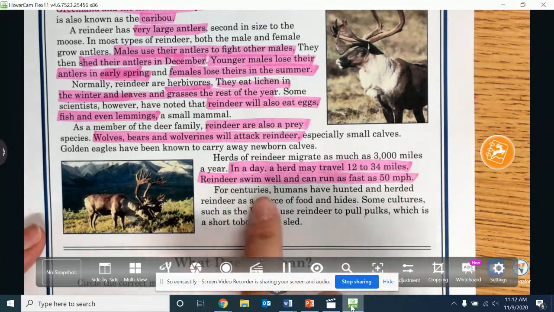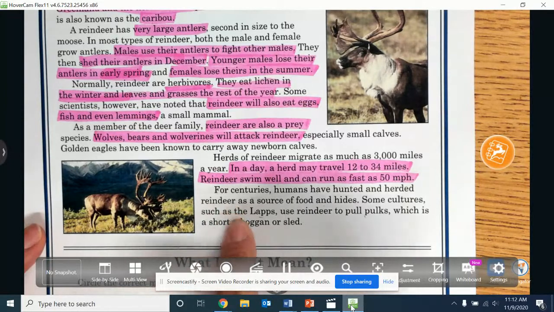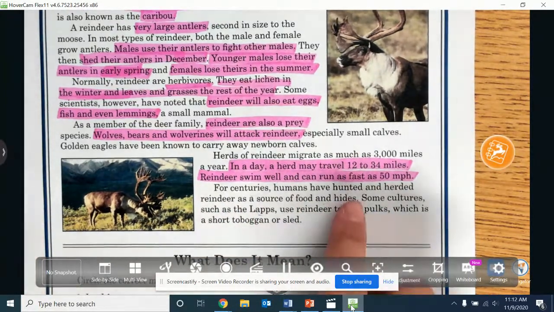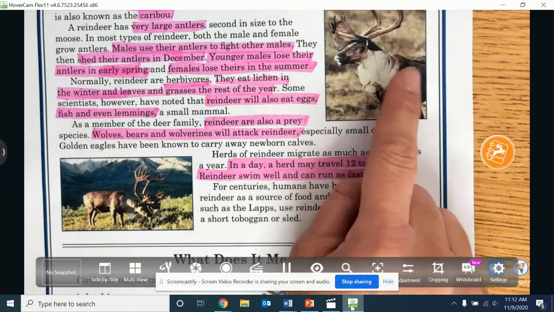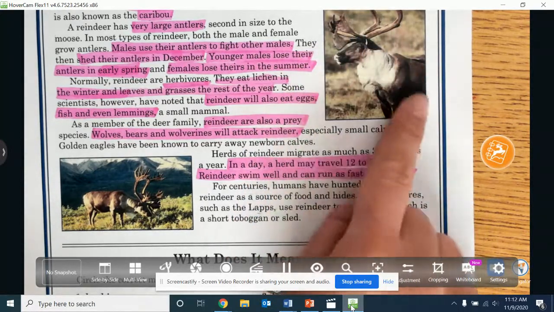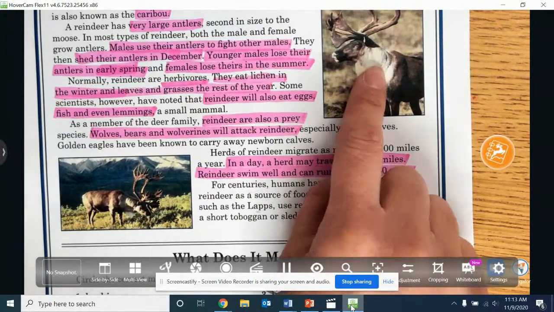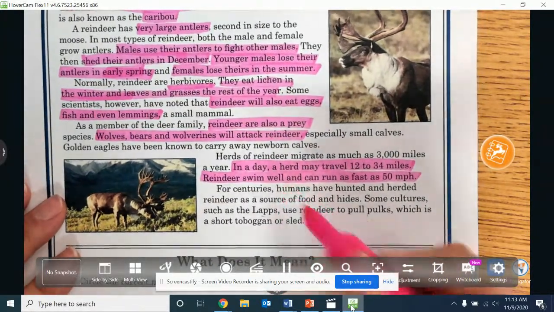For centuries, humans have hunted and herded reindeer as a source of food and hides. In other words, some people grow or have a herd of reindeer, kind of like a herd of cows that they raise. Some people raise reindeer, but others hunt reindeer. They usually hunt them for food. So we have two very different things that humans do.